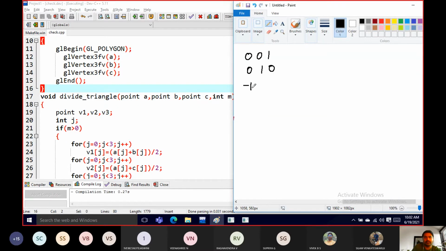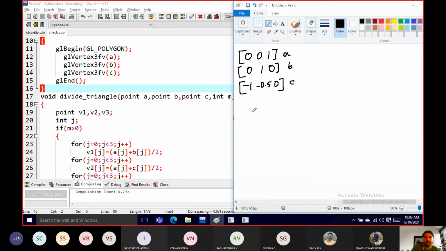Second one is minus 1, minus 0.5, and whatever the z value was. So this is A, this is B, and this is C.